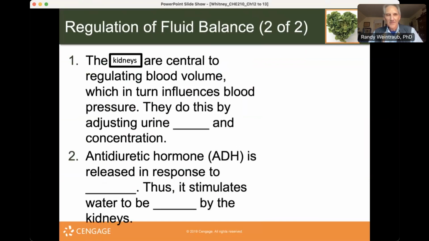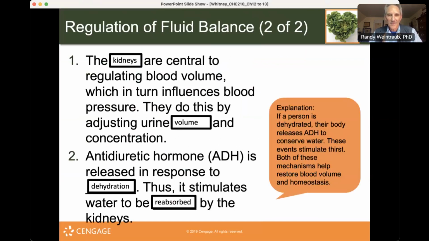Okay, the kidneys are central in regulating blood volume, which in turn influences blood pressure. They do this by adjusting the urine volume and concentration. The ADH is released in response to dehydration and thus stimulates water to be reabsorbed by the kidneys. So, nice little summary there.